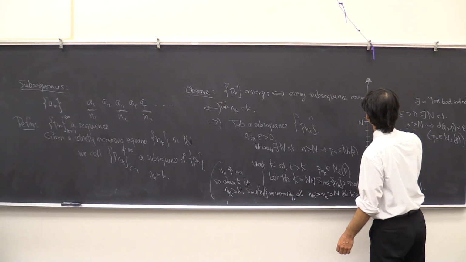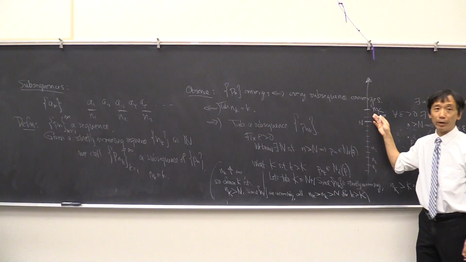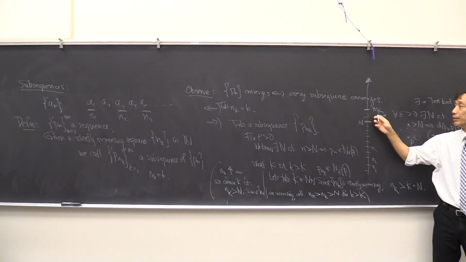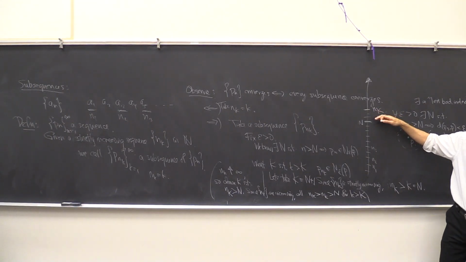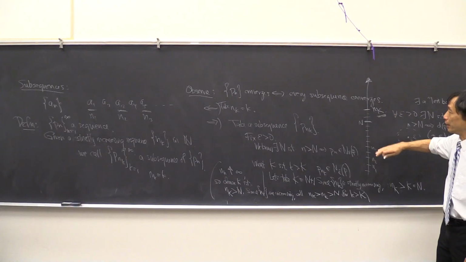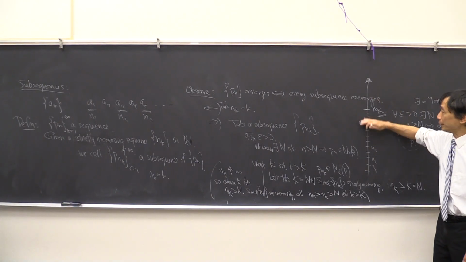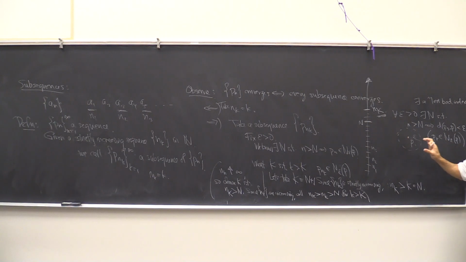For some index, which we'll call capital K, these are going to jump beyond n. Take that as our K, or anybody beyond there, and then after that, everybody's past n, and so lying inside here.